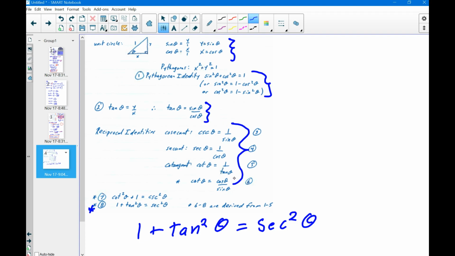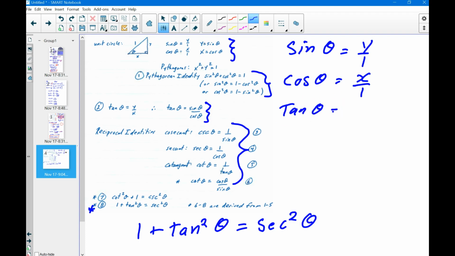But basically, if you know that sine theta is y over 1, cosine theta is x over 1, and tan theta is y over x, then you can take these and you can create these now from what you know.